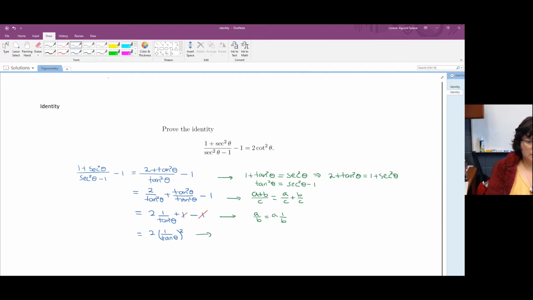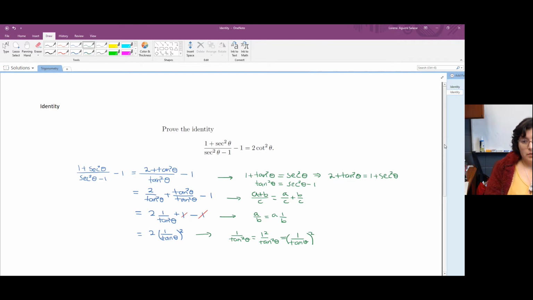Here we have used that 1 over tangent squared of theta is (1 over tangent) all that squared, as we can distribute the power between the numerator and the denominator.